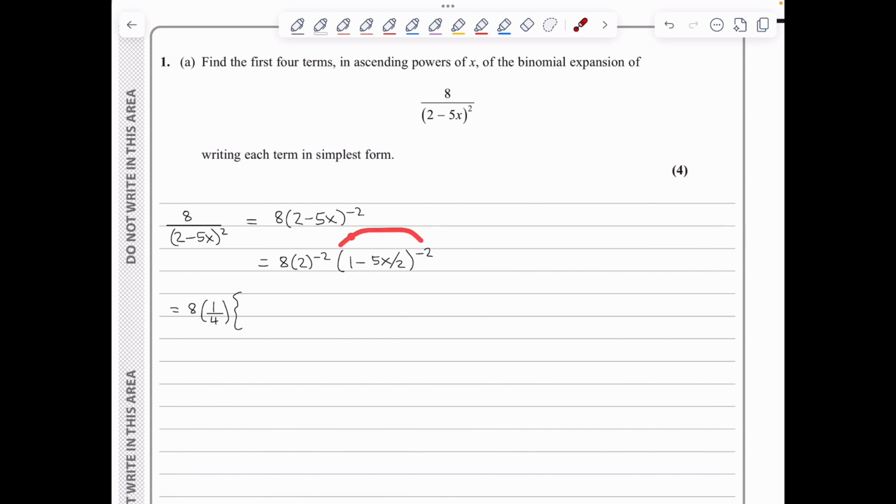So we need to have 1 plus or 1 minus something in order to proceed with the binomial expansion when the exponent is negative or fractional.